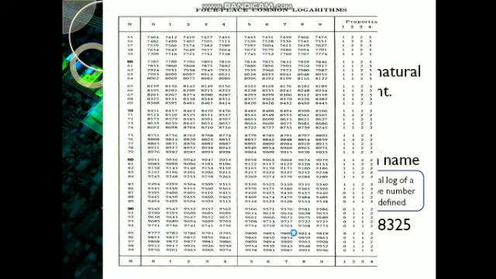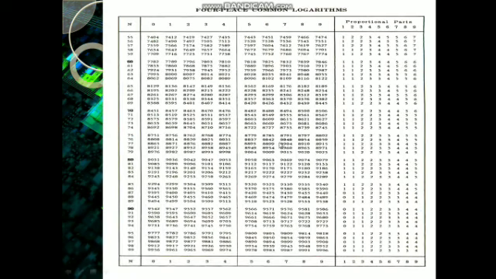For that you have to refer to a table called the logarithmic table, and you should learn how to use this table to find the log value for any number. You will be learning this in higher classes in mathematics, and you can use Math.log to find the log value for any number.